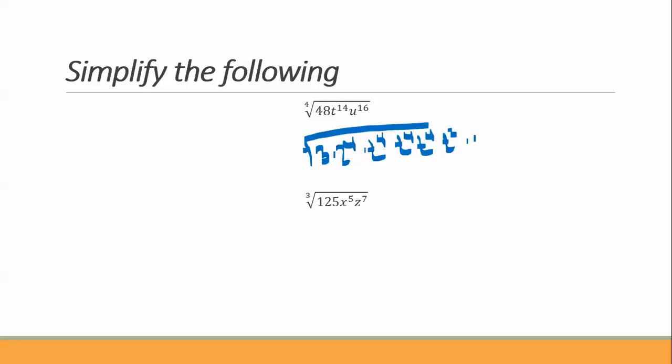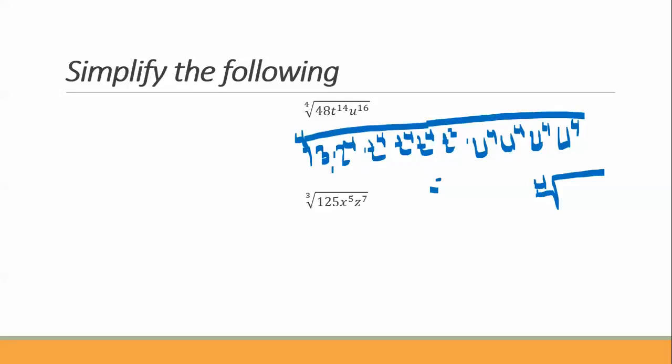And then we want to do the same thing with the u. So u to the 4th, u to the 4th, u to the 4th, and u to the 4th. So that's equal to, we need the 4th root out here, the 4th root over here. We can't do anything with the 4th root of 3, so we're going to leave it under the root.